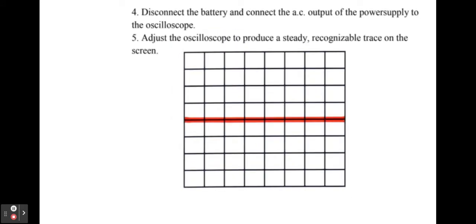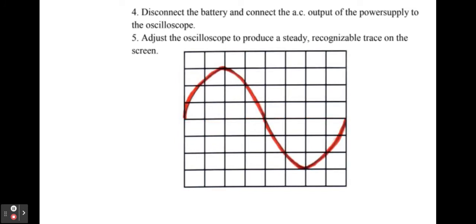If we connect it now to the alternating current source, rather than a straight line, we get this wavy line.